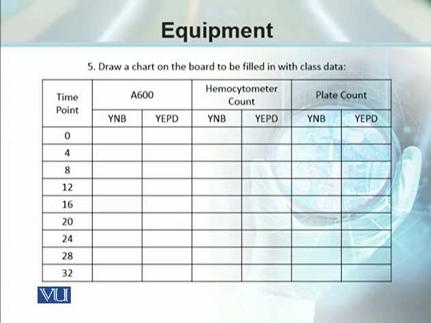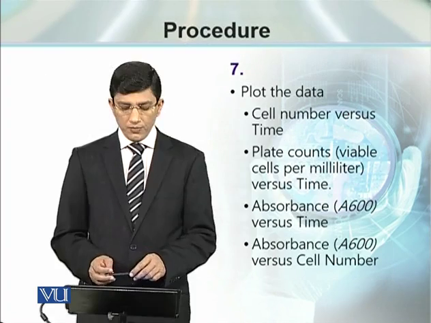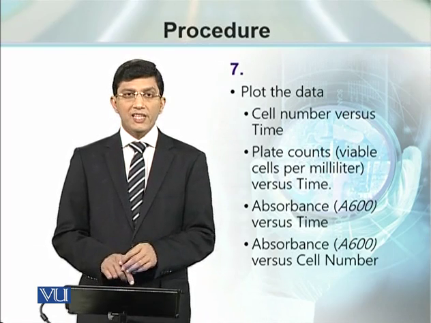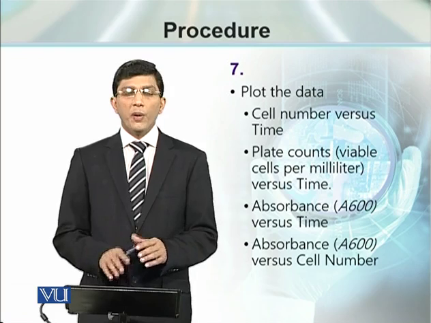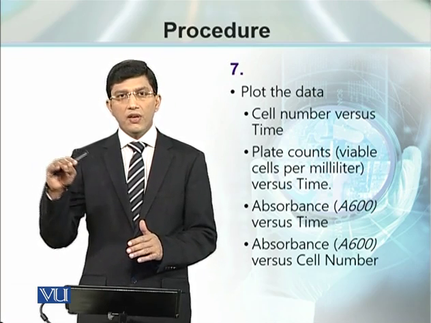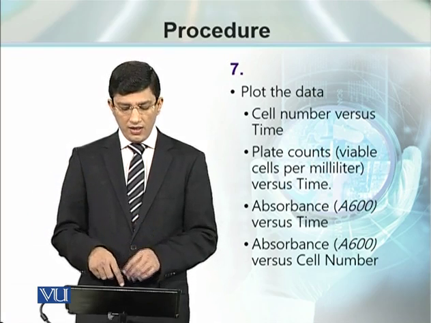Using the data generated from this experiment, we can plot the cell number versus time, which will tell us when the log phase started, when there came the stationary phase, and when there was declining phase.